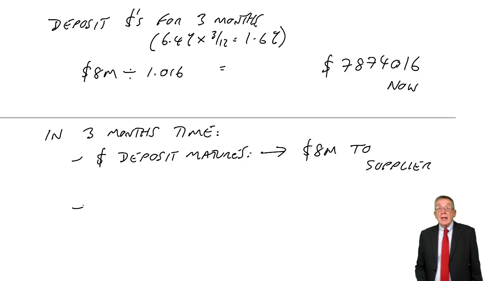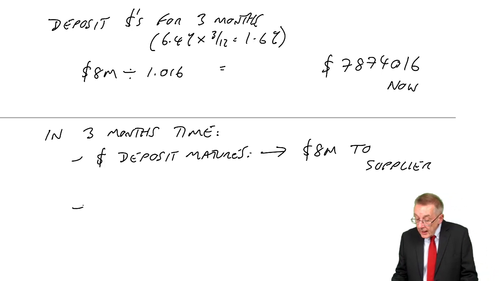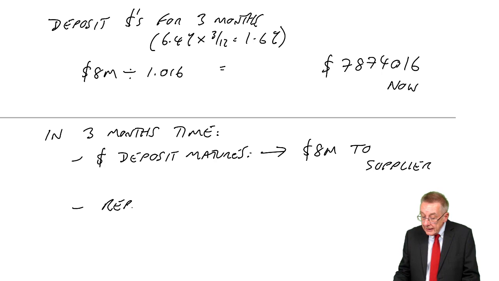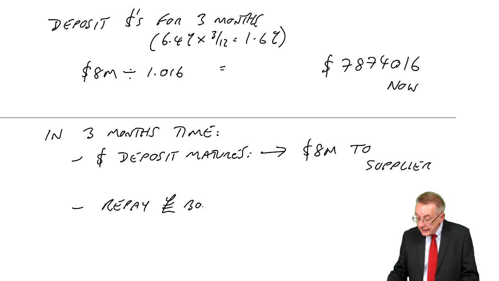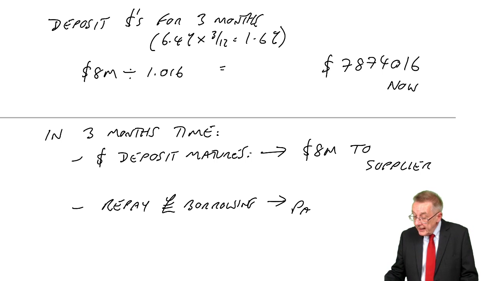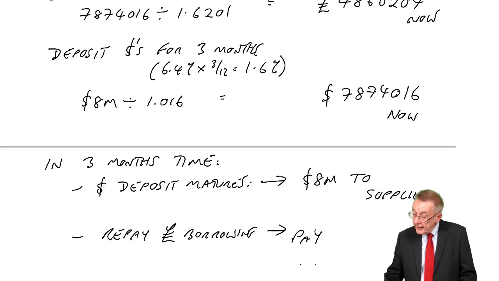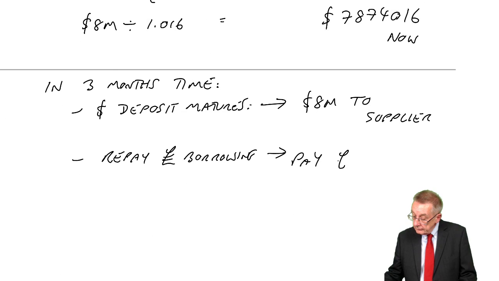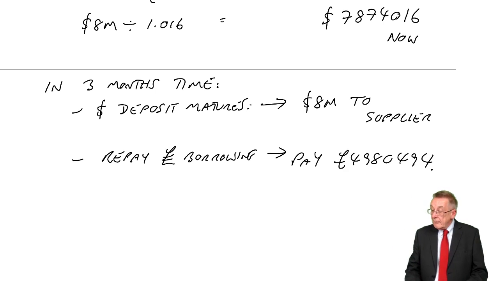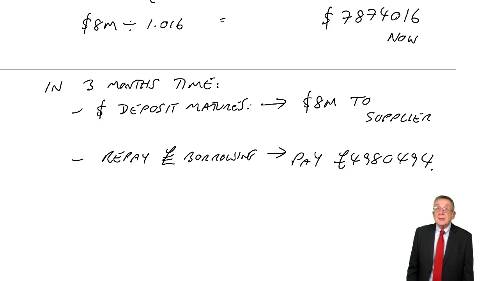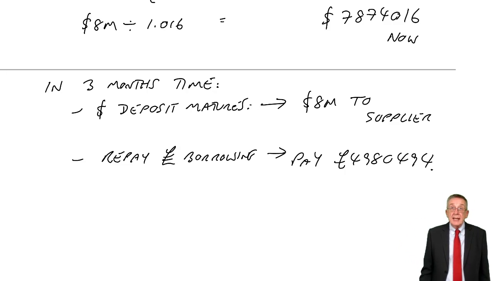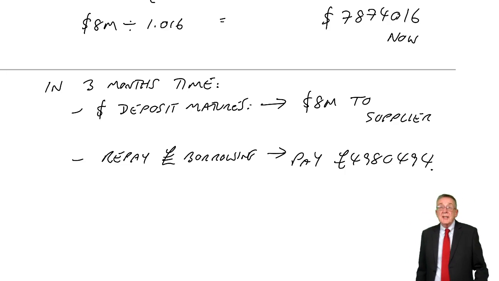The other thing that happens in 3 months' time is I need to repay the pound borrowing. And so how much do we pay? 4,980,494. And so there's the cash flow. In 3 months' time, I pay 4.9 million. The customer receives 8 million.